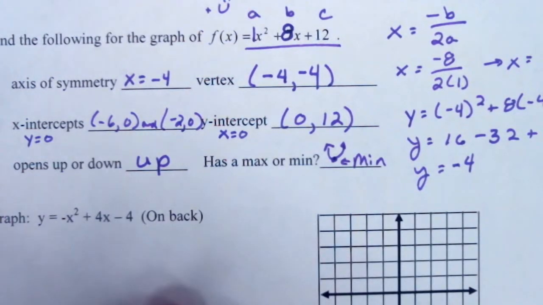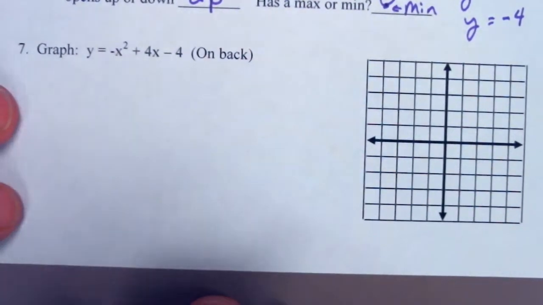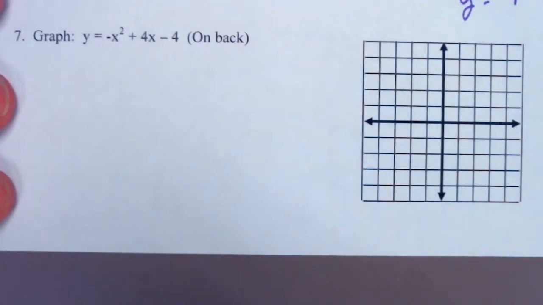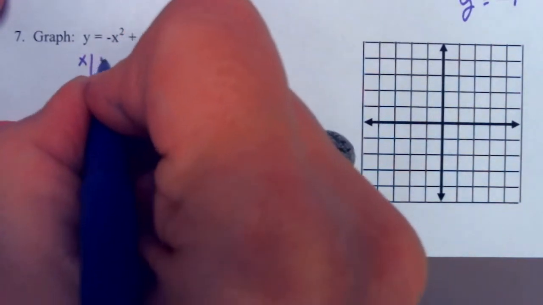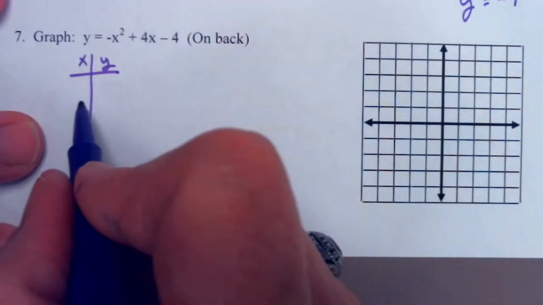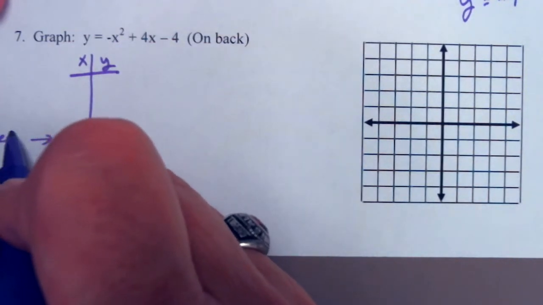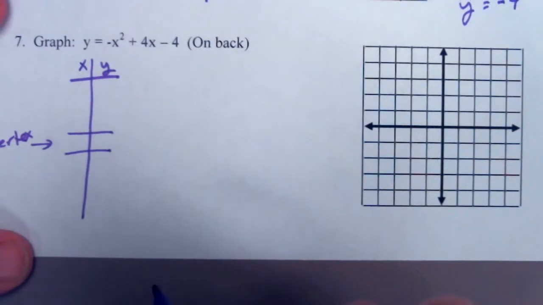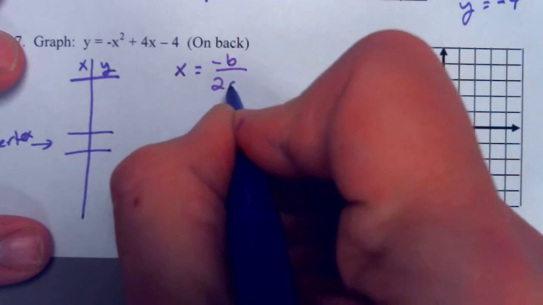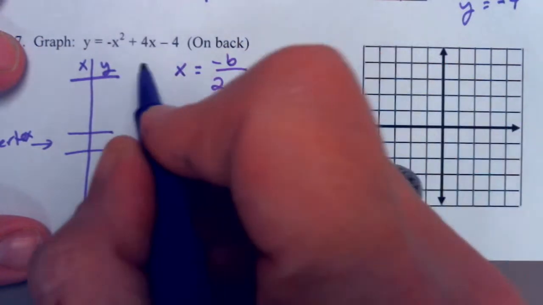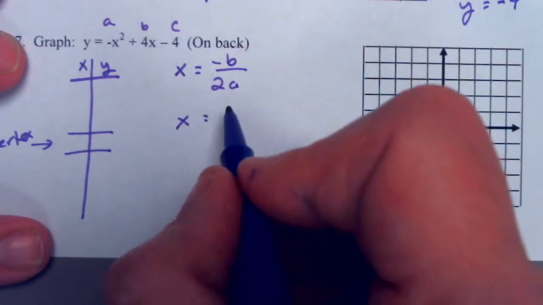Number 7. We need to graph this. It's in standard form. Before, we were completing the square to get into vertex form. Instead of doing that for the vertex, because that's the point we like to have in the middle of our graph, we're going to use that little formula we learned today, the opposite of b over 2a. x equals... a is -1, b is 4, and c is -4.